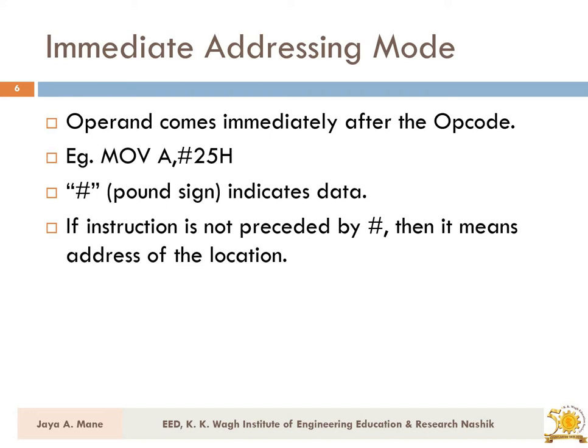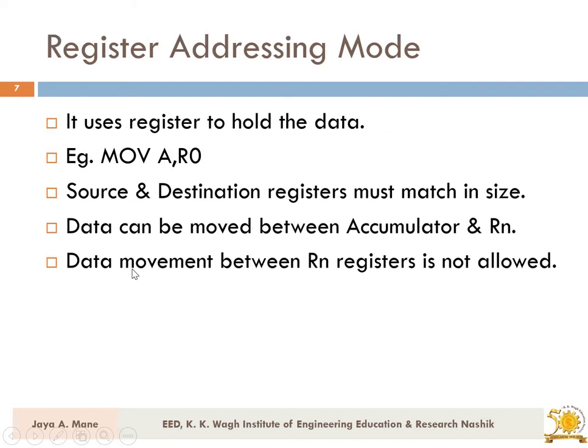That means you have provided the data onto which a particular operation needs to be performed directly in the instruction itself. There I have given an example, MOV A, #25h. Here 25h is not the address of any location, it is the number itself, and we have moved that number directly into the accumulator. So this is your immediate addressing mode.